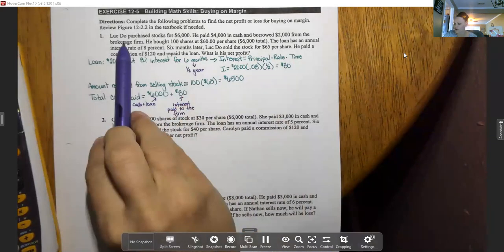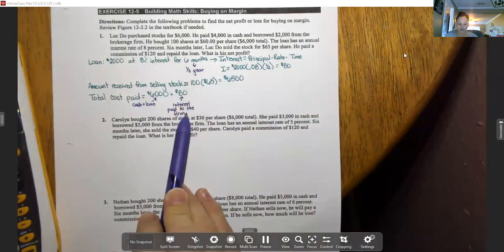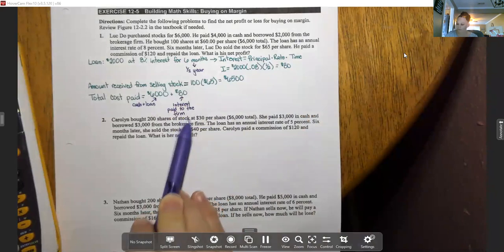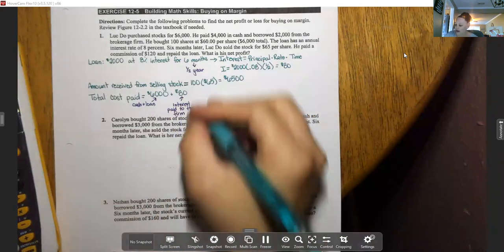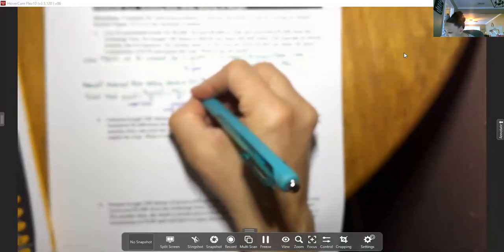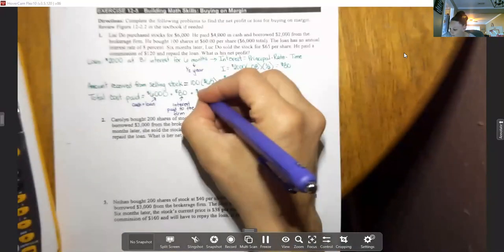So the brokerage firm that he borrowed $2,000 from, he also has to pay them that $80 in interest. And he also has to pay $120 for commission.